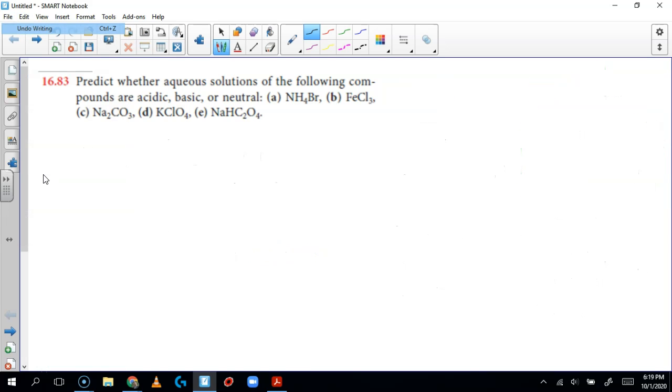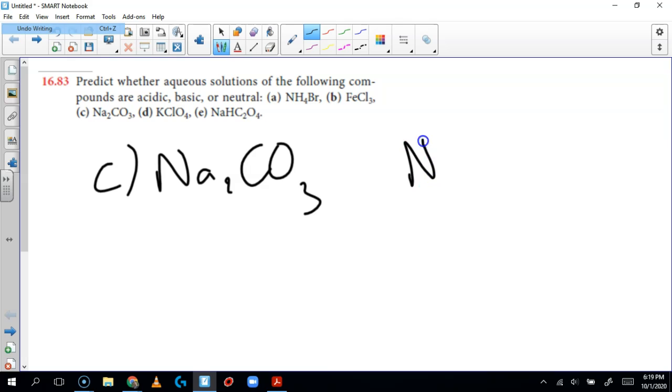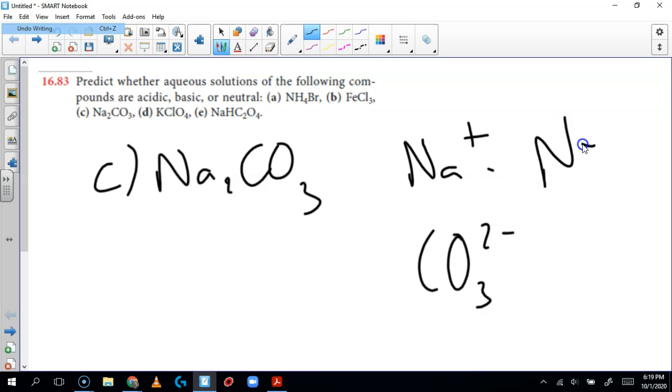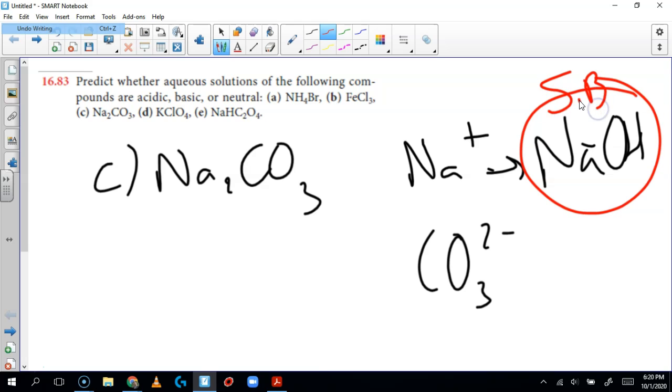Okay, so for part C, we have Na2CO3, sodium carbonate. Again, we break it into its ions, Na plus and CO3 2 minus. Na plus forms NaOH when it is in water, and this is a strong base. So there's no hydroxide ion that's going to form or be present in the solution because of this sodium, so it does not contribute to the pH of the solution.